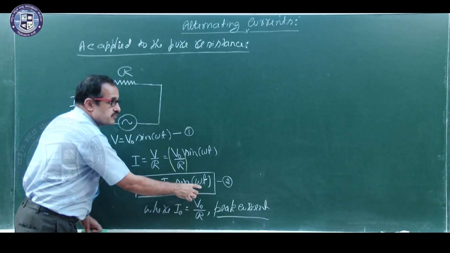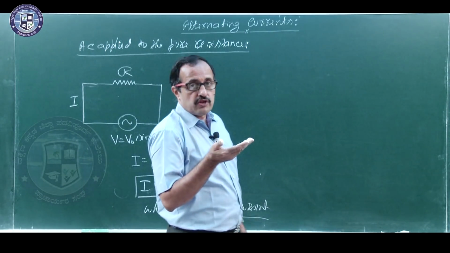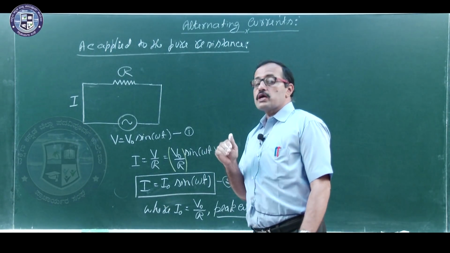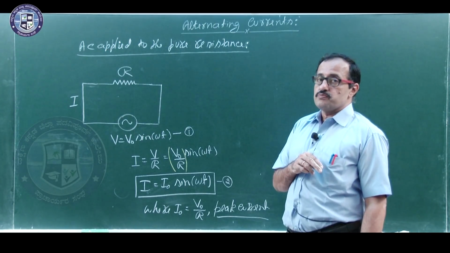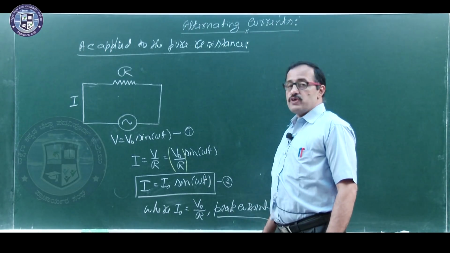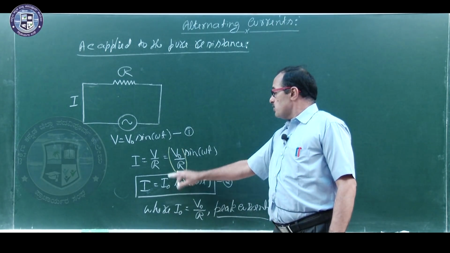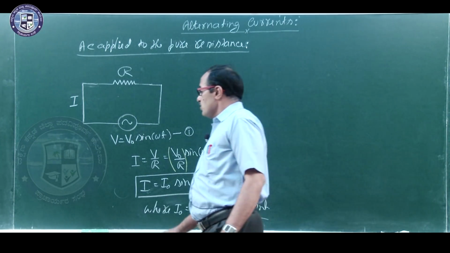So, if voltage is increasing, current is also increasing. If voltage becomes 0, current becomes 0. When voltage becomes negative, current becomes negative. So, both of them are varying together. Hence, we say current and voltage are in phase.